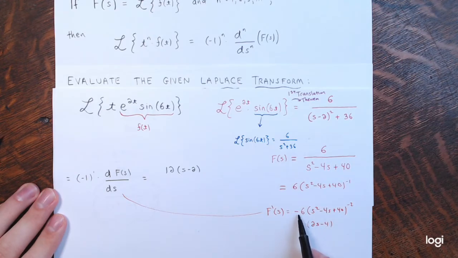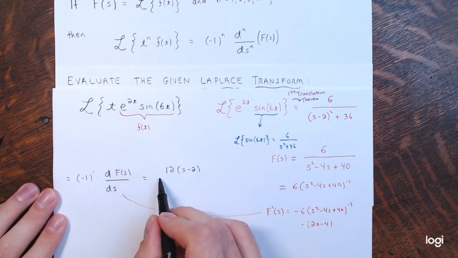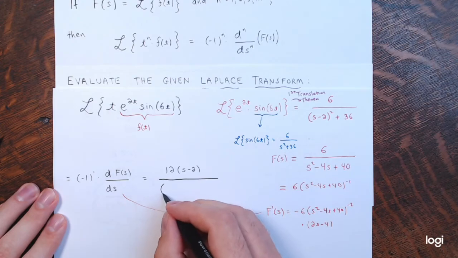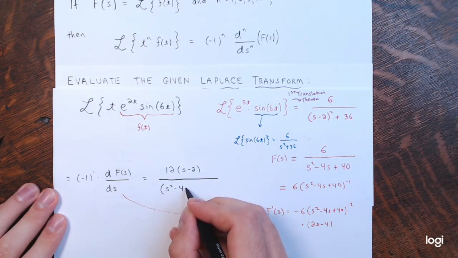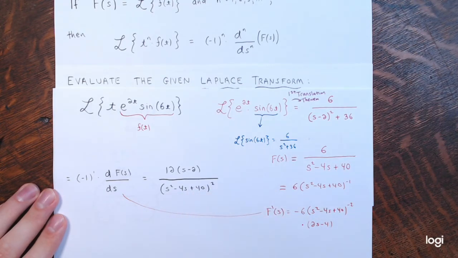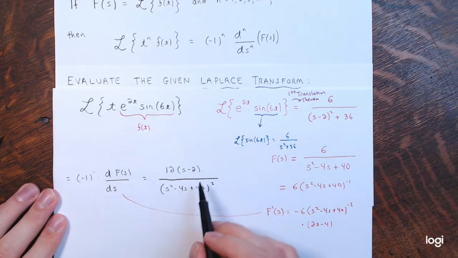Pull a 2 out, you make that negative 12, and then you have s minus 2 left, and then multiplying by the negative 1 gives you positive 12. That's all in the numerator, and then I have in the denominator s squared minus 4s plus 40 squared. Or if you'd like, you could rewrite this as s minus 2 squared plus 36 squared. That's the same thing.